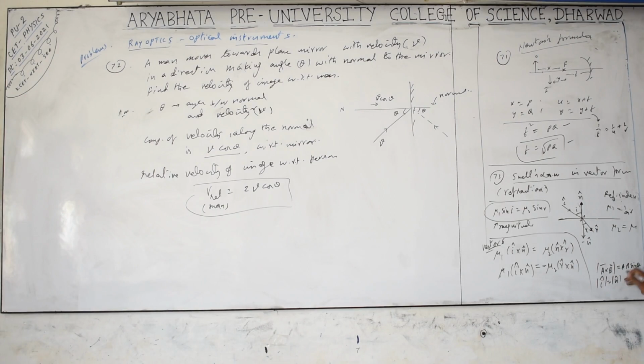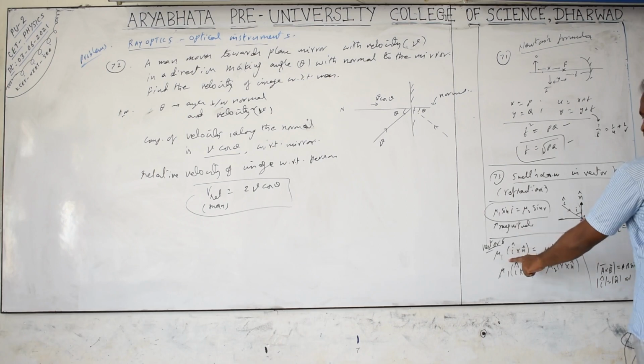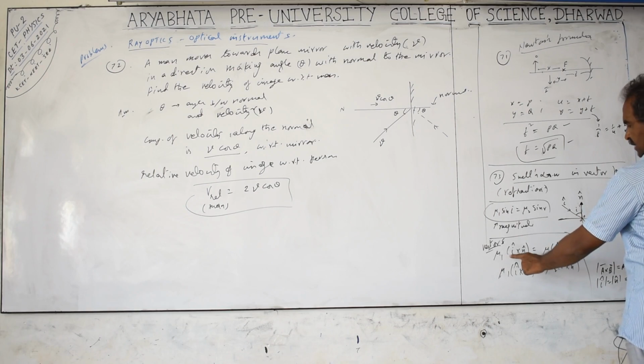So you get 1 into sin of the angle between i and n, which is i. That means you will get this magnitude equal to mu1 into sin i.